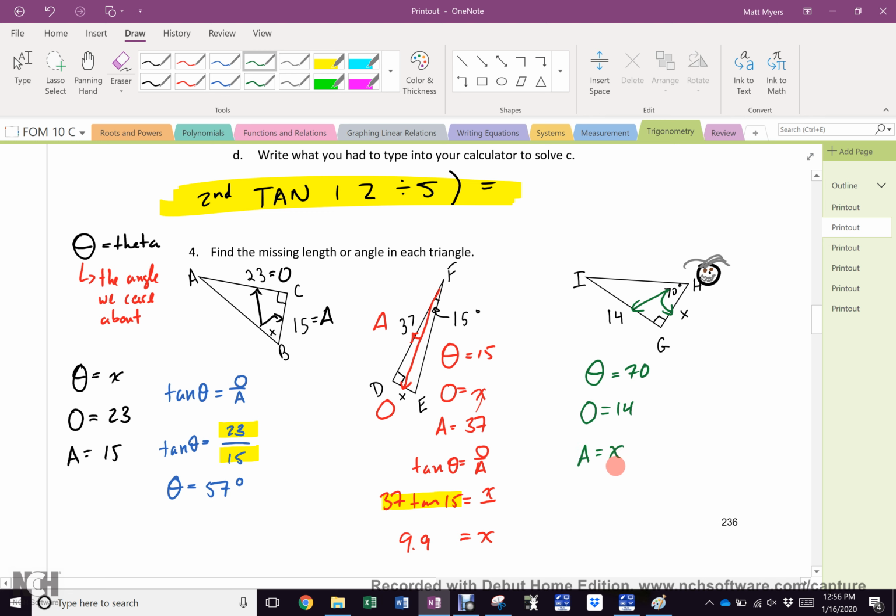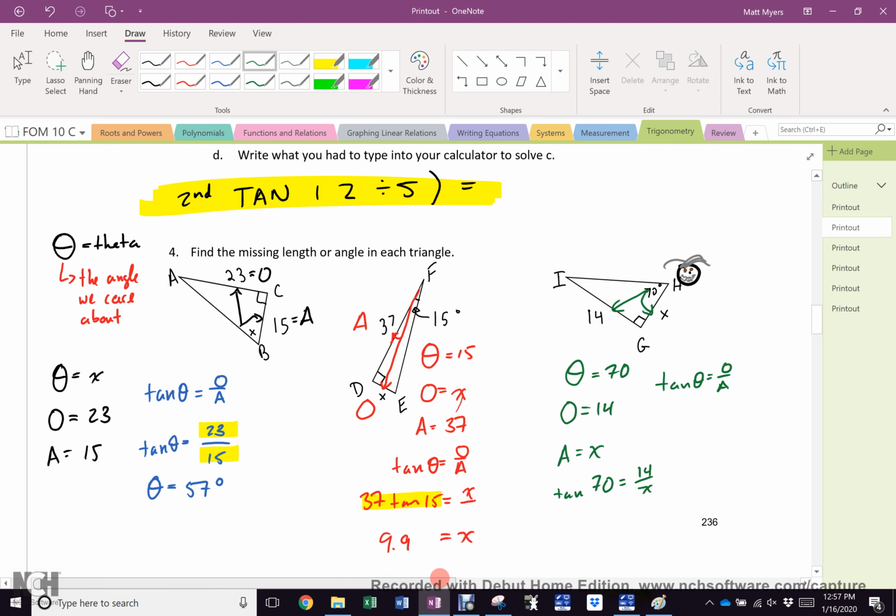Adjacent equals x. What do I know whenever I see theta, O, and A? The tan of theta is O over A. Now put in your numbers. Tan of what? 70 equals what? 14 over x.